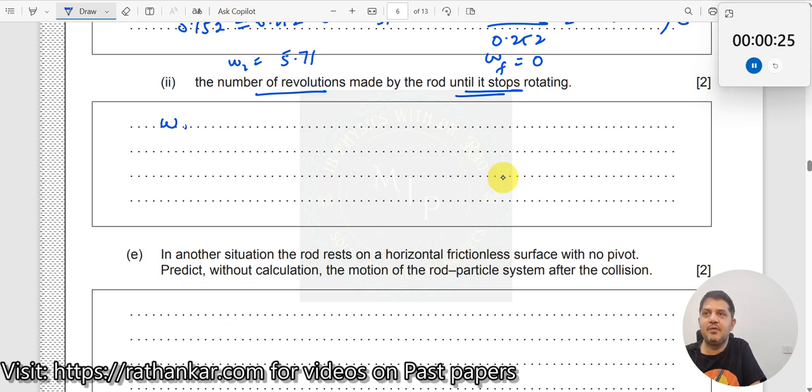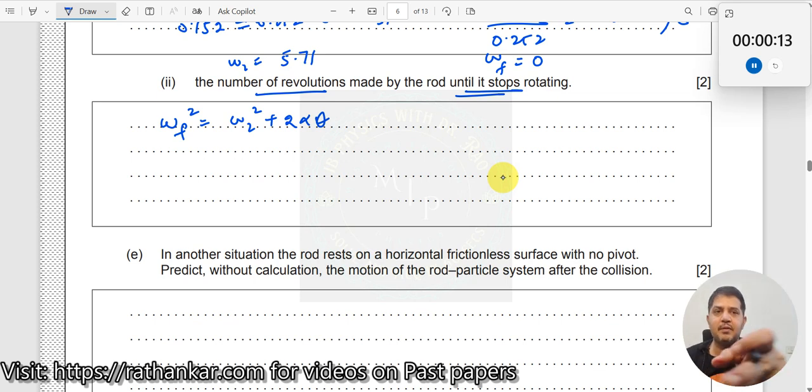So therefore, now you do omega final square is equal to omega initial square plus 2 alpha into theta, right? We are using the same equations you had used in your equations of motion. So there is no change. So now you have omega final square equal to 0, omega initial square is 5.71 square plus 2 into, what's the value of alpha?